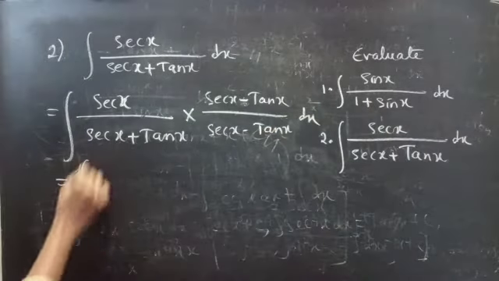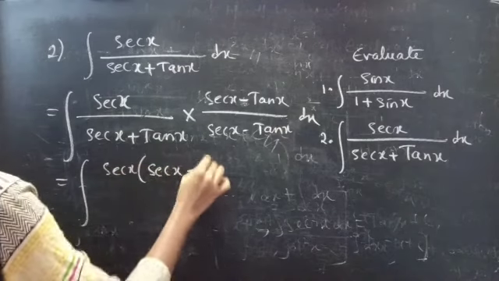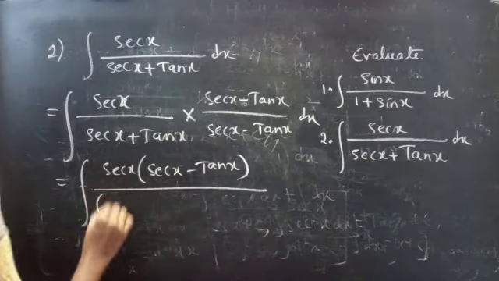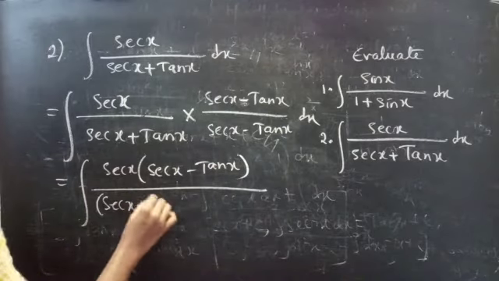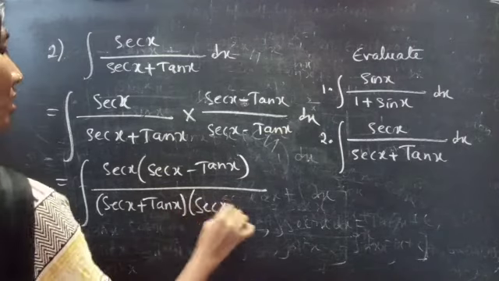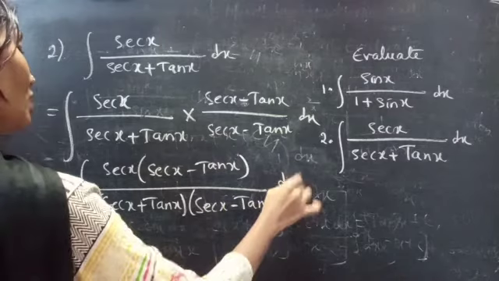So this equals secant x into secant x minus tan x, by secant x plus tan x into secant x minus tan x, dx.